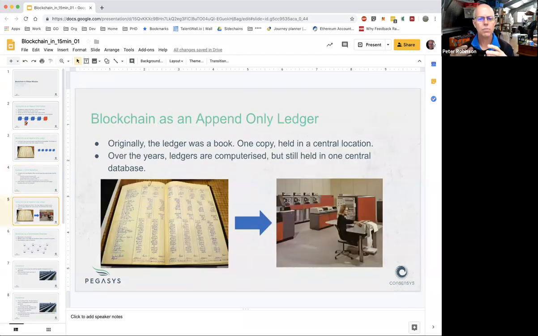And so with these ledgers, in the good old days, they were paper. And then in the 50s, 60s, 70s and 80s, they all moved towards being centralized computer databases. So you computerized it, but still you had a central database of information.